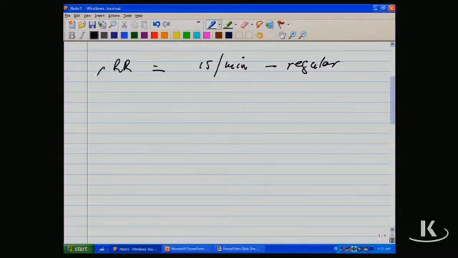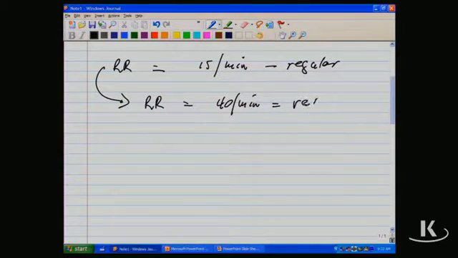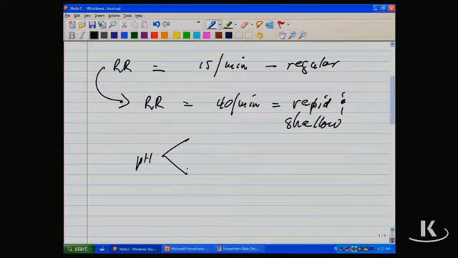Several hours later, the respiratory rate became 40 per minute, and it's described as being rapid, of course, and shallow. Can you tell me what pH changes you would expect in this patient? Would you expect this patient to become acidotic, or would you expect this patient to become alkalotic?